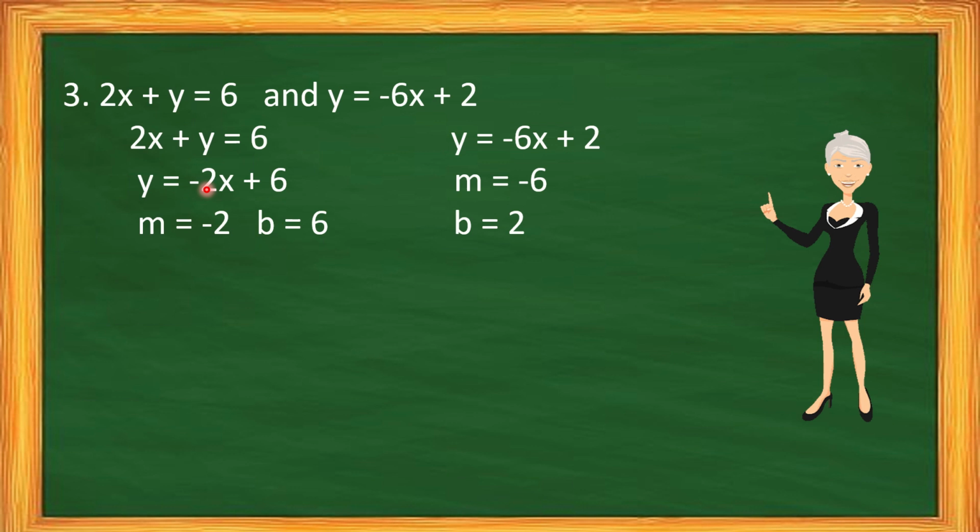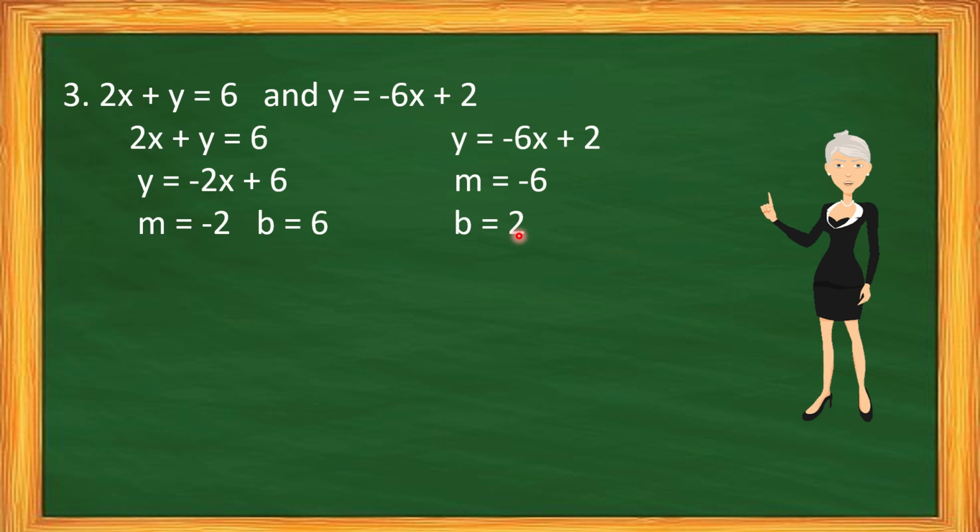So y equals negative 2x plus 6. So ang slope natin is negative 2. Then our y-intercept is positive 6. Here, for the second equation, our slope is negative 6 and our y-intercept is positive 2.